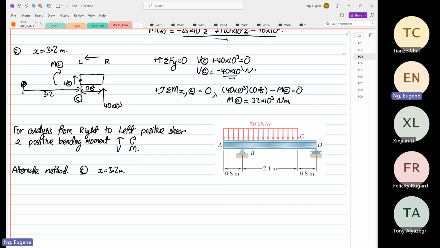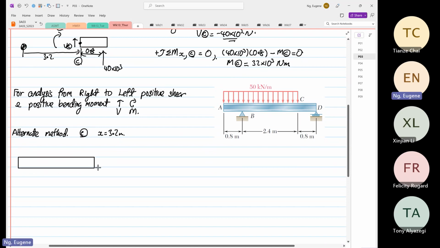So we are going to do analysis from left to right. You can, but I'll show you the consequences. The consequences are as follows.